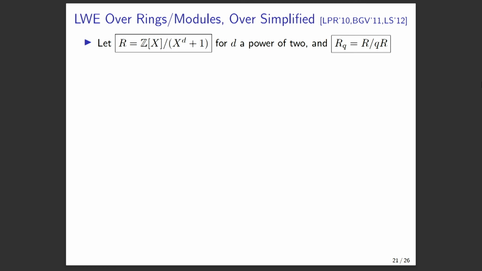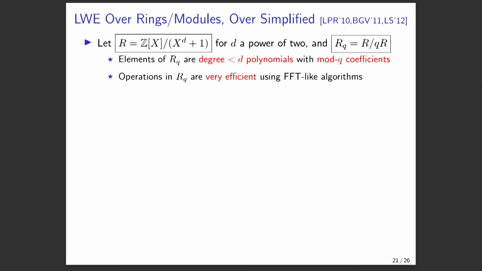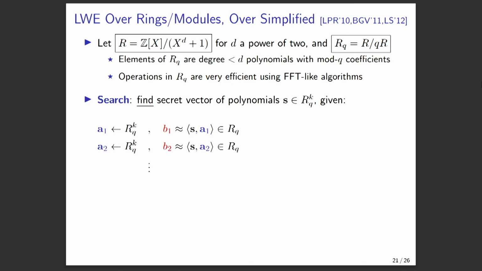And then we can consider this modulo q as well. As I said, these are polynomials of degree less than d, and you can do polynomial arithmetic very fast.